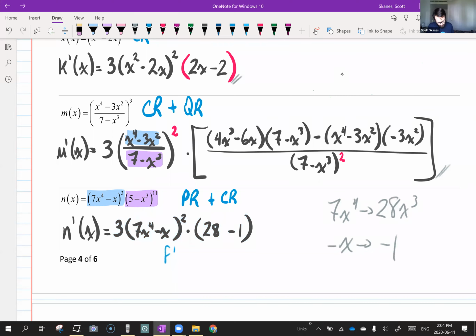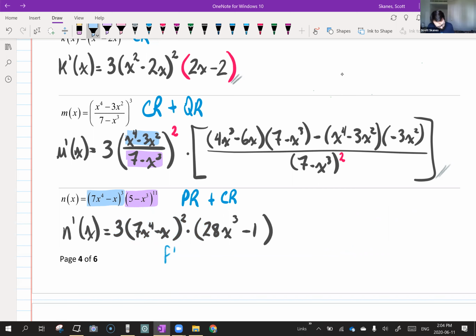Oh, yeah, sorry, I forgot that x. So 28x cubed minus 1. Yeah. Thank you. The rest is okay as far as I can tell. Make sure that you have 28x cubed minus 1.